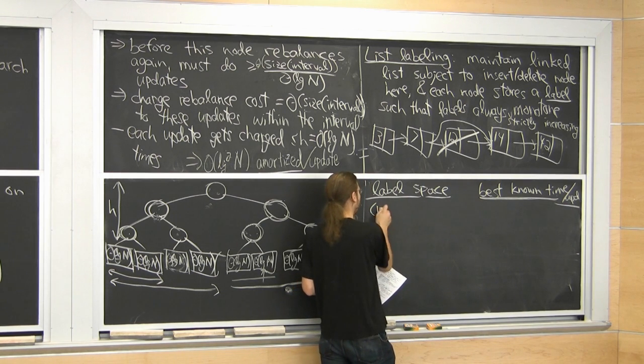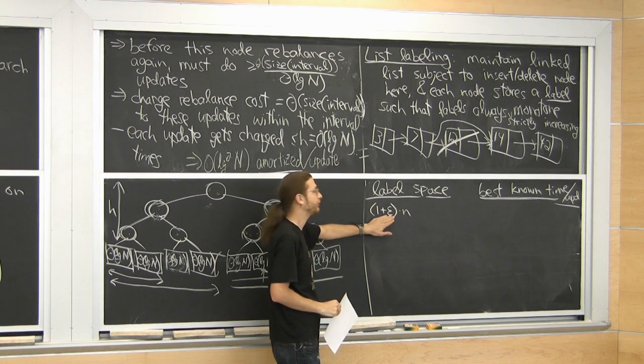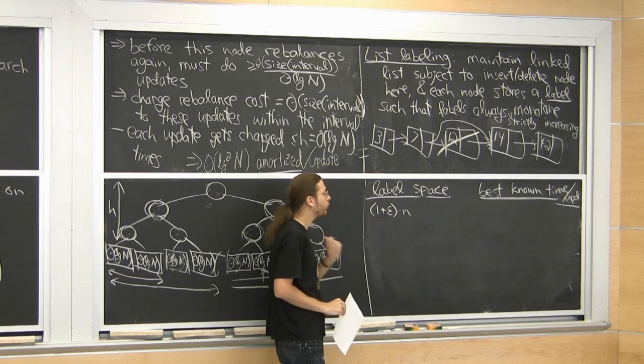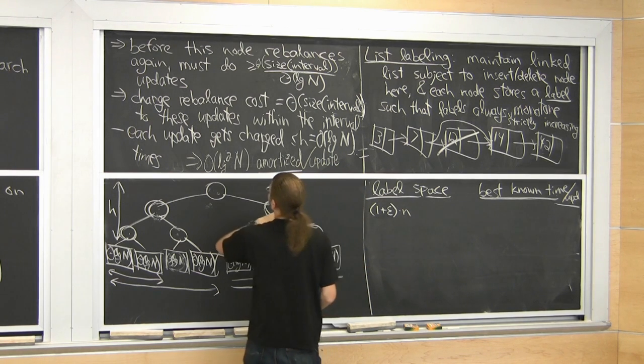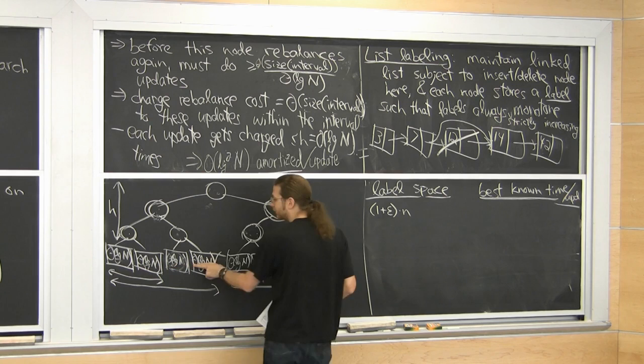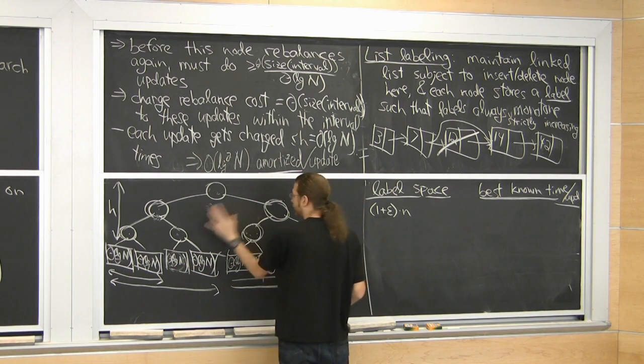So what we just saw is linear space, but in fact you can get 1 plus epsilon space. You can say, I only want to waste 1% of my storage space in the array. And if you set the theta at the leaves to the right value, then you can just waste 1% and still maintain an ordered file.